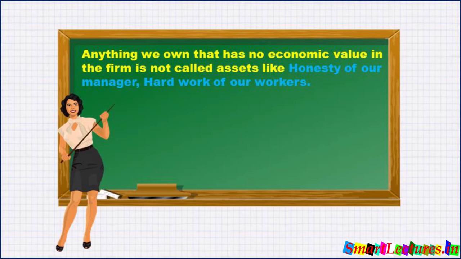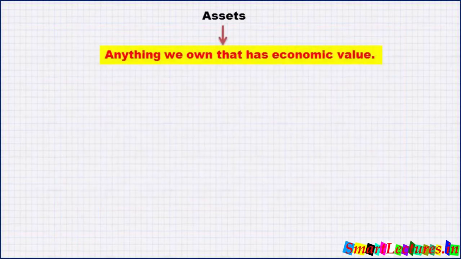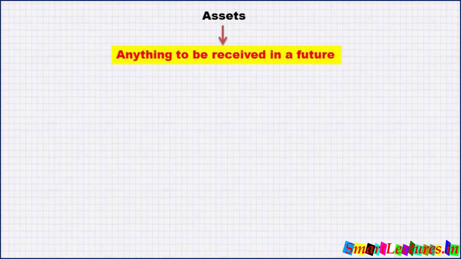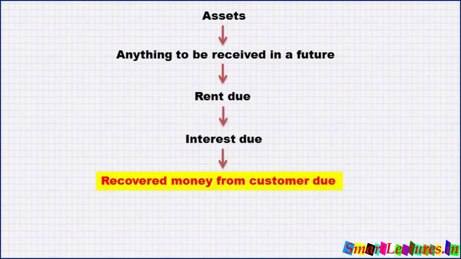Of course, these are assets, but not assets for our balance sheet. So anything that we own and has economic value, or anything to be received in future. Suppose we have to receive rent in future, interest in future, or we have to recover money from the customers in future. All these things are called assets.